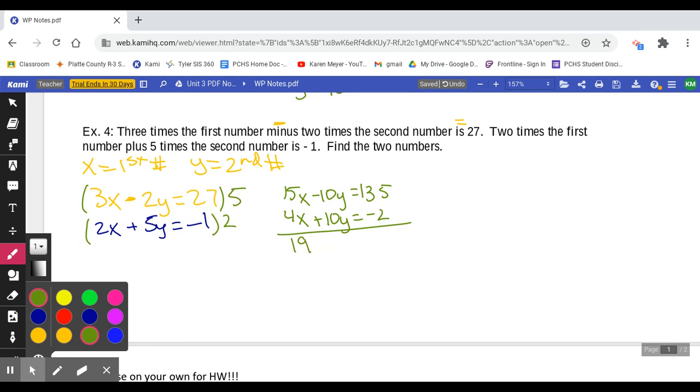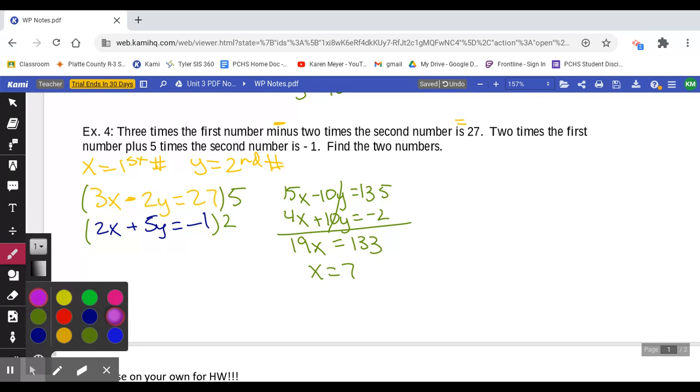Add, and I get 19x. Y's are gone. Boom. 135 minus 2 is 133. And then you're going to take your calculator and divide both sides by 19. And 133 divided by 19 is 7.